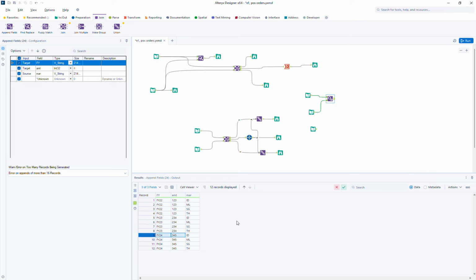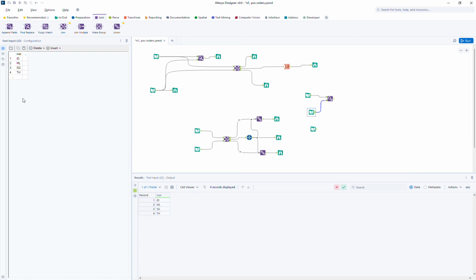What happens if I also add something in here? Maybe I will add the full names: Indonesia, Malaysia, Singapore, and then Thailand. What happens with the final result?